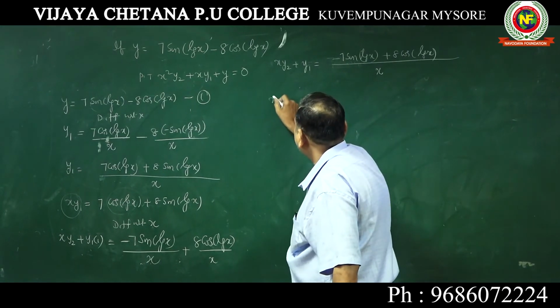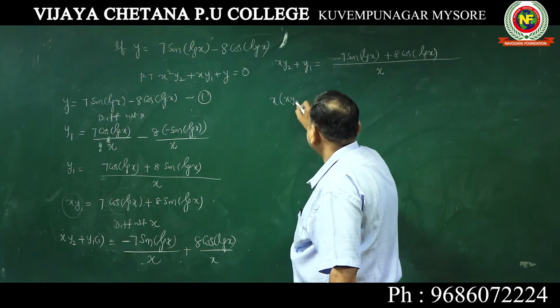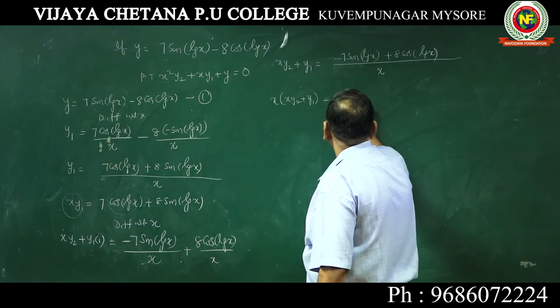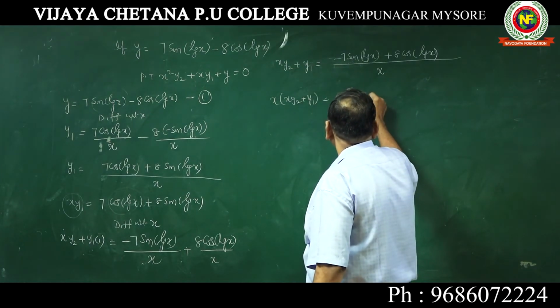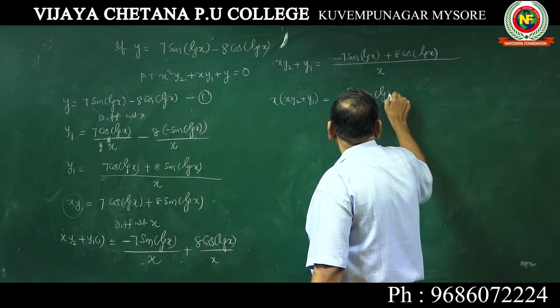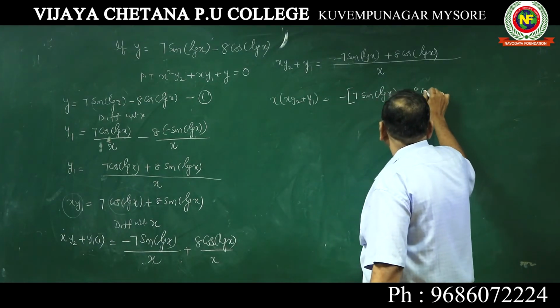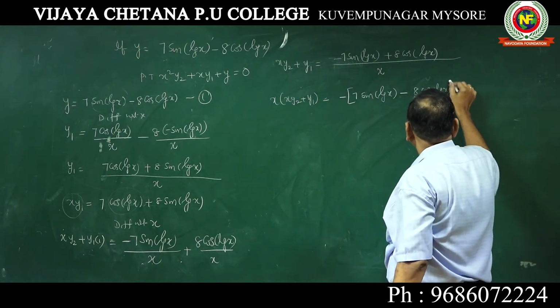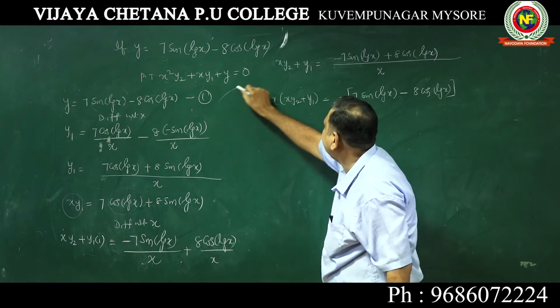Cross multiply: x into x y2 plus y1 is equal to, taking the minus outside, it will become 7 sin log x minus 8 cos log x. This is nothing but actually y.